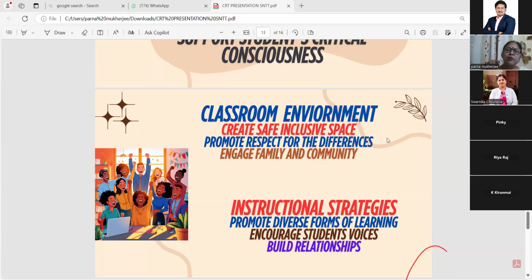When the child tries to behave like somebody else, he will understand their culture. Not only will they understand their culture, he will gradually start respecting that culture and their differences, and those barriers might dissolve gradually.